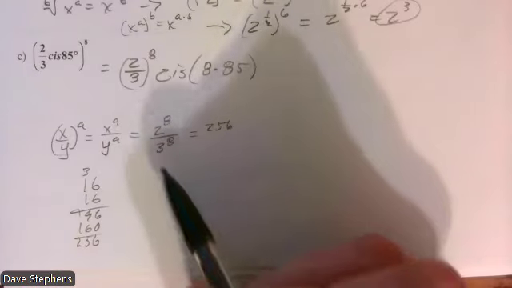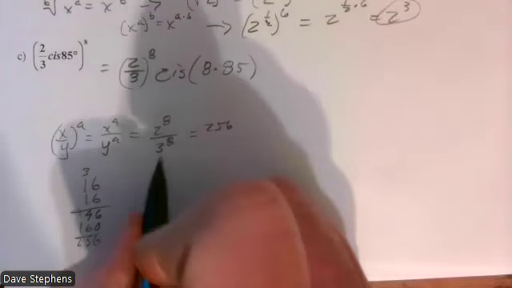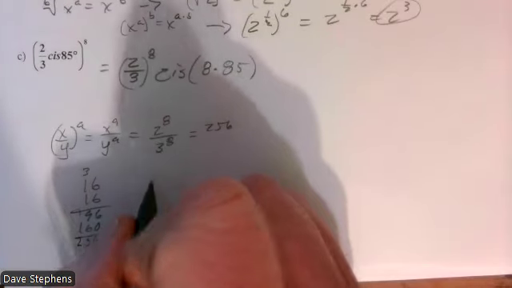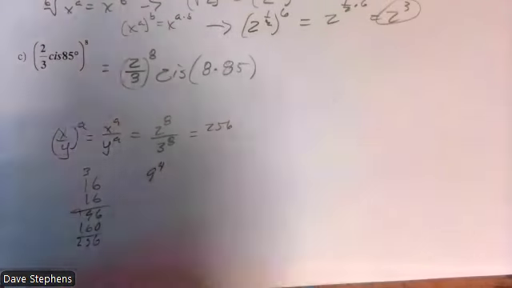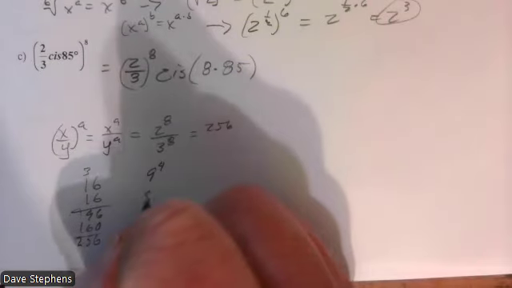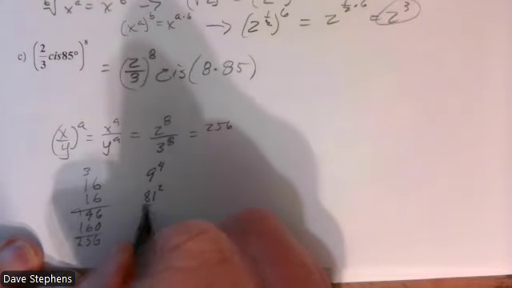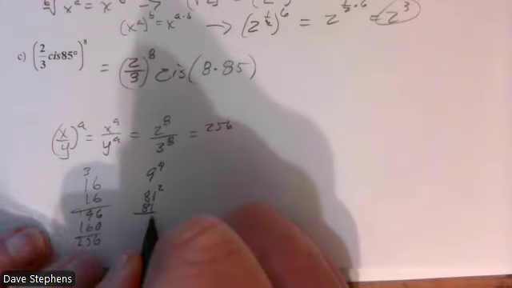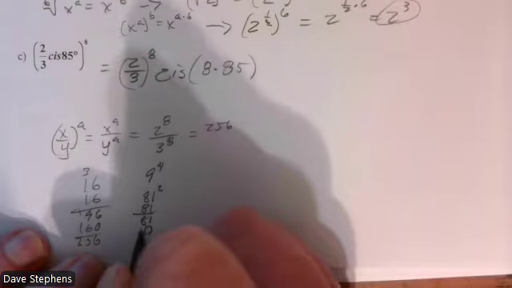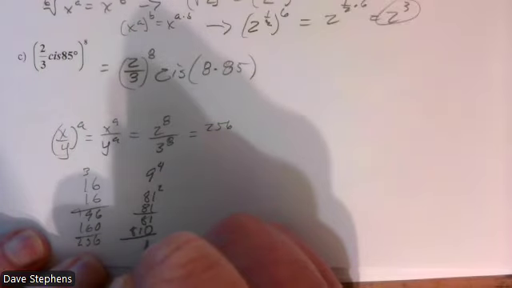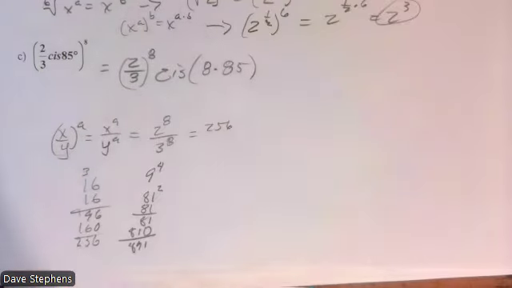3 to the 8th. I do have a calculator, but this is more challenging. 3 squared is 9, so that means we have 9 to the 4th. 9 squared is 81, so we have 81 squared. Ooh, that's not friendly, but just 2-digit multiplication. So we get a 1 and an 8, a 0, 1, and an 8. We get a 1, a 9, and an 8. That don't seem right.